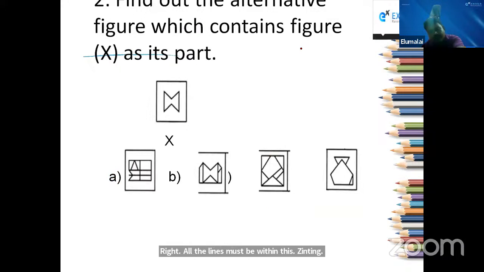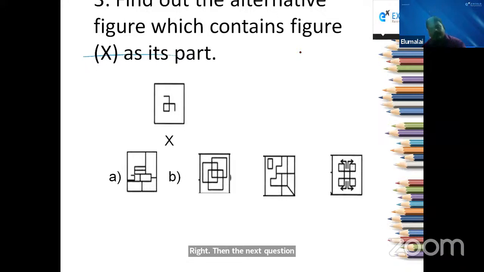Good. Now answer this question. Your answers are already known, isn't it? Good. So there is no way of making mistakes here. Yes, the same figure is there in option B. Very good. Everyone has answered it correctly. Then the next question. This one.